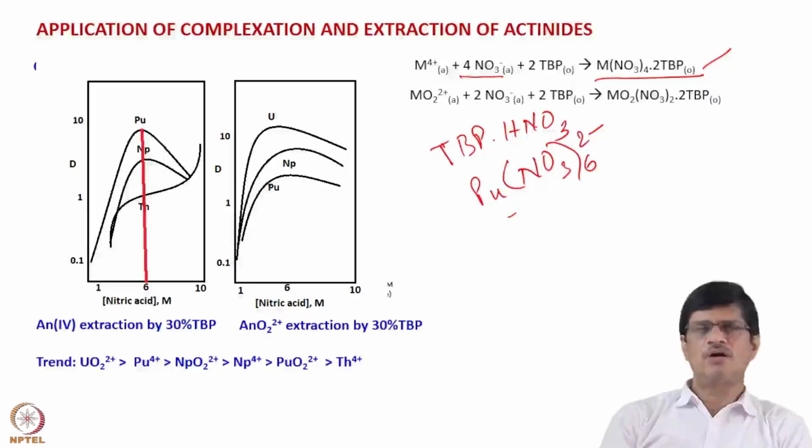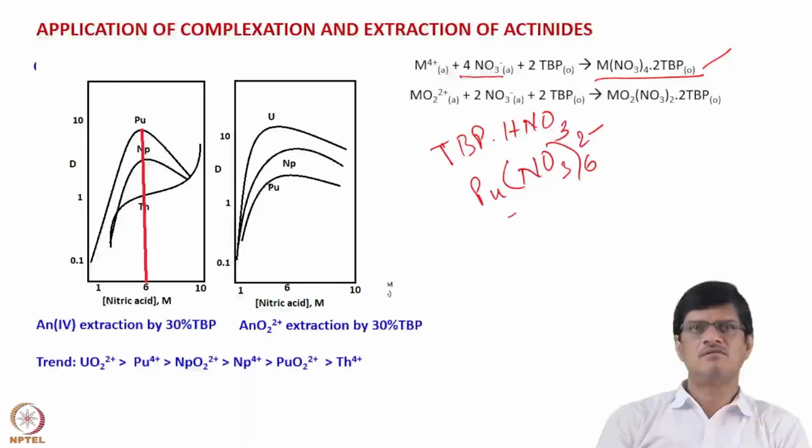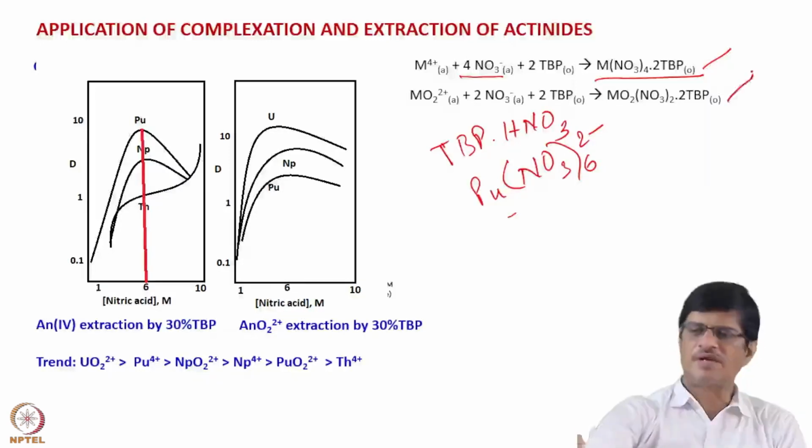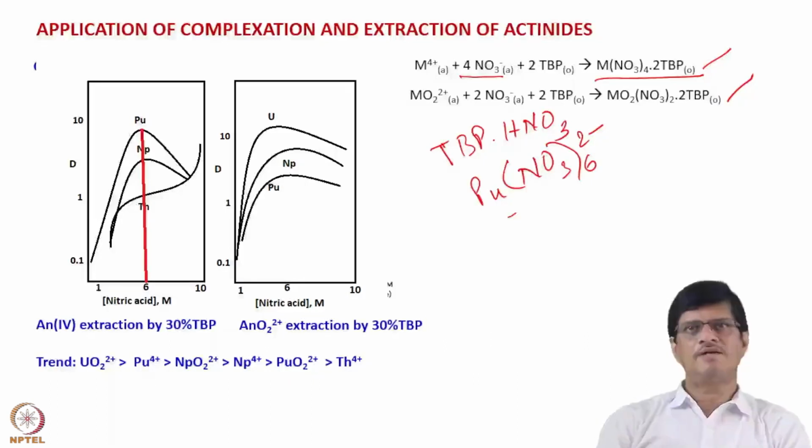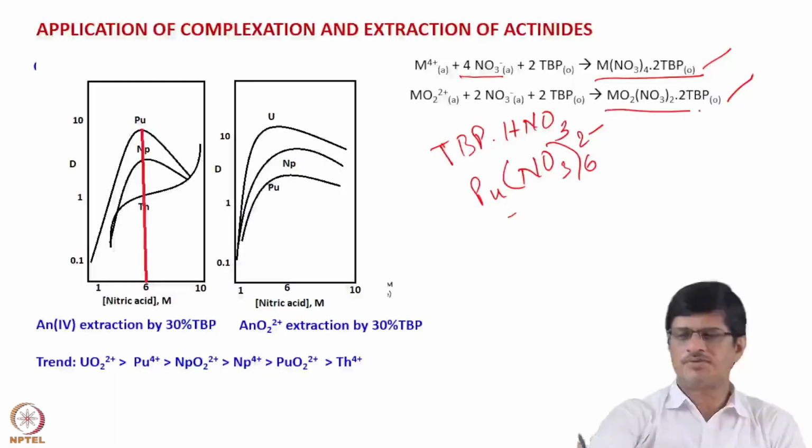Now coming to the hexavalent actinide ions like uranyl, neptunyl, and plutonyl ions, the extraction equilibrium is given by the second equation here. That is, the actinyl ion in the aqueous phase binds with the 2 nitrate ions present in the aqueous phase, and 2 TBP present in the organic phase, to give this extracted species.